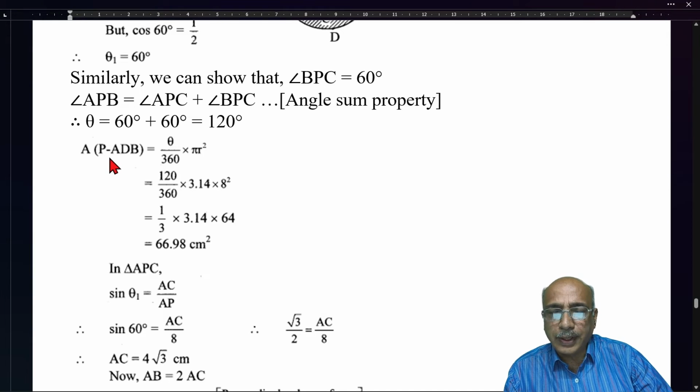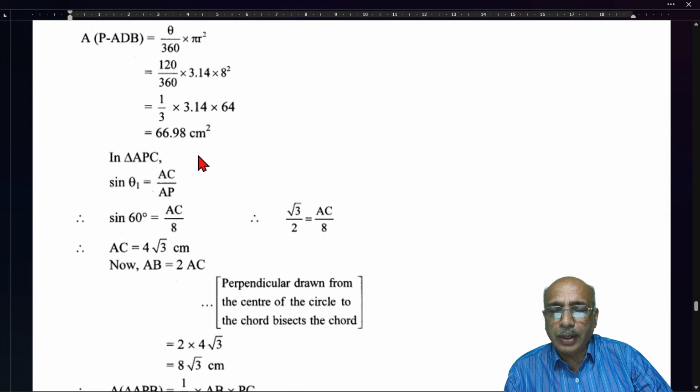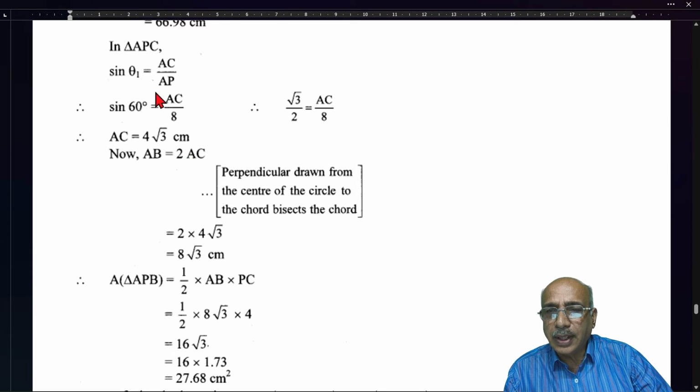Area of sector P dash ADB equals theta upon 360 pi r square. Substituting the value and calculating, we get area of sector P dash ADB equals 66.98 centimeter square. In triangle APC, sin theta equals AC upon AP.